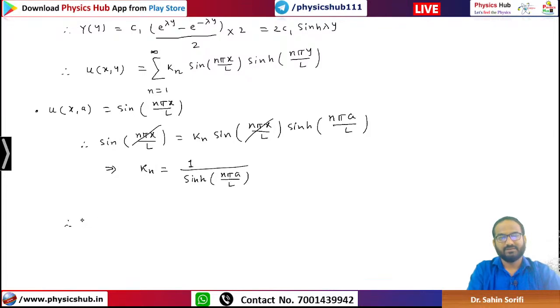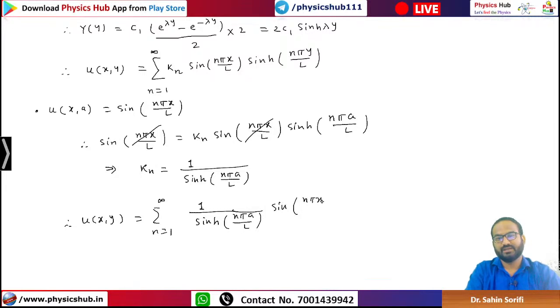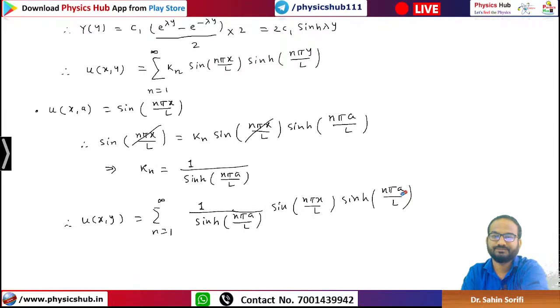And ultimately this gives you the solution u of x,y. Now the unknown constants have all been evaluated: 1 upon sin hyperbolic n pi a by L, sin n pi x by L, sin hyperbolic n pi y by L. I hope this solution is clear.